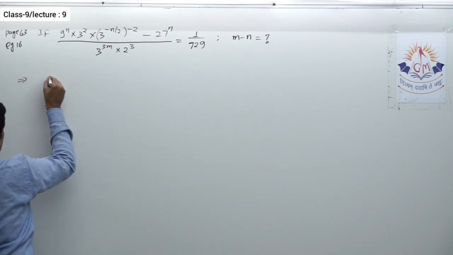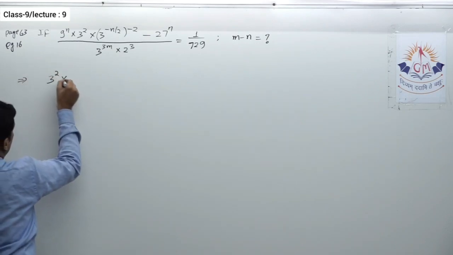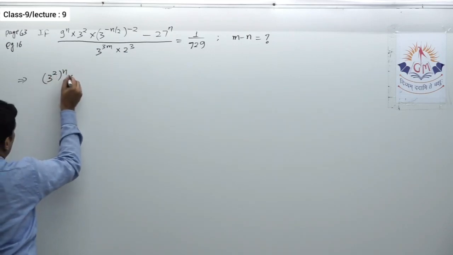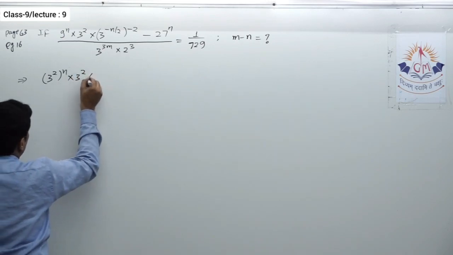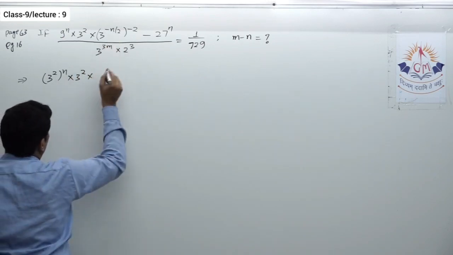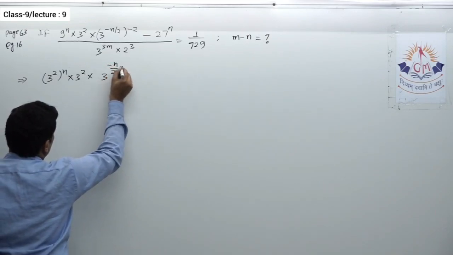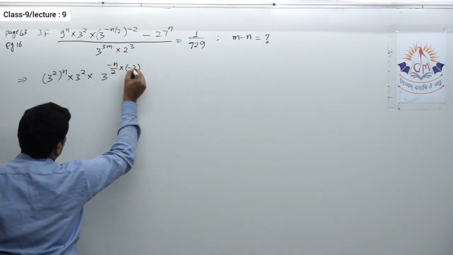Here this I can write 3 square, 3 raised to n, multiplied by 3 square, multiplied by, here I can apply the power law, that is 3 raised to minus n by 2 multiplied by minus 2.